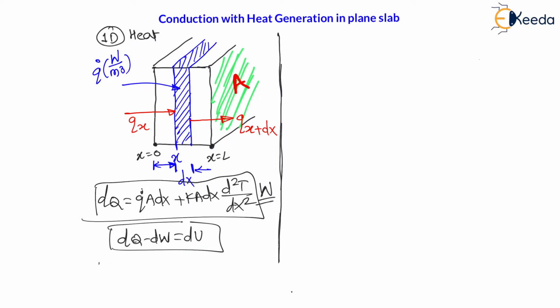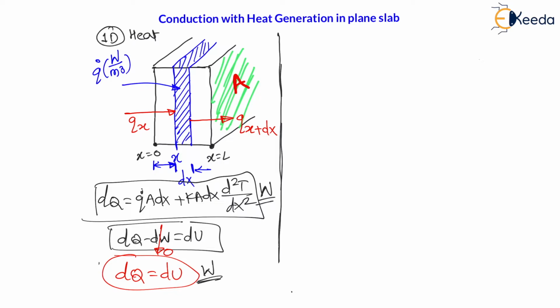Here, in the heat transfer subject, there is no work interaction. This wall is not doing any kind of work, therefore work will be zero. So we can say dQ is equal to dU. This will be the first law of thermodynamics for this particular case. And dQ we have already calculated, and dU also we have to calculate in watt only.